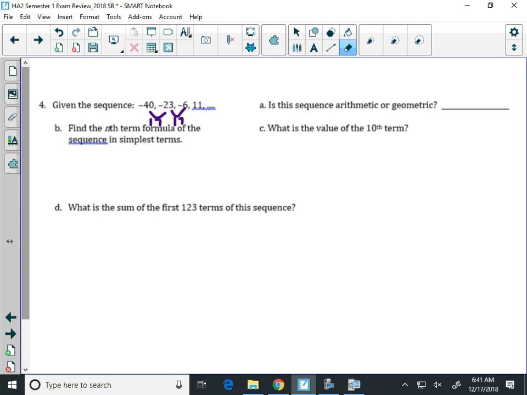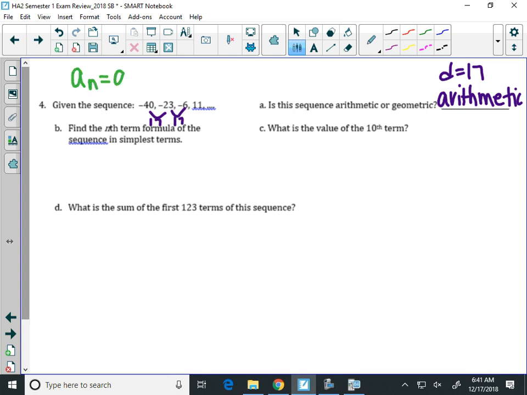Too early to spell correctly. Arithmetic. All right, so it's arithmetic. We notice that the common difference is 17, and we need to find the nth term formula. Again, it says at the top of the page that the nth term formula for an arithmetic sequence is this. Remember, I like to put the d on the left. If I'm finding the nth term formula, I need the first term.